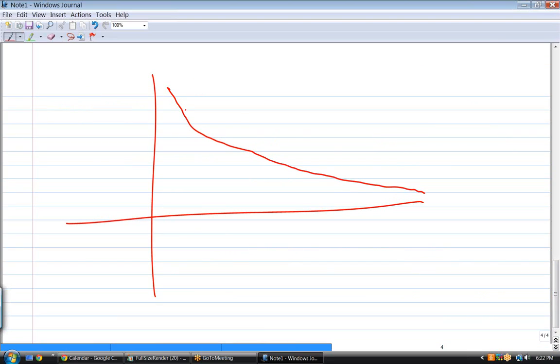Take that function, y equals 1 over x, the positive part of it. Rotate it about the x-axis, and you get what is called Gabriel's horn. You get a figure like that. Well, here's the kicker.